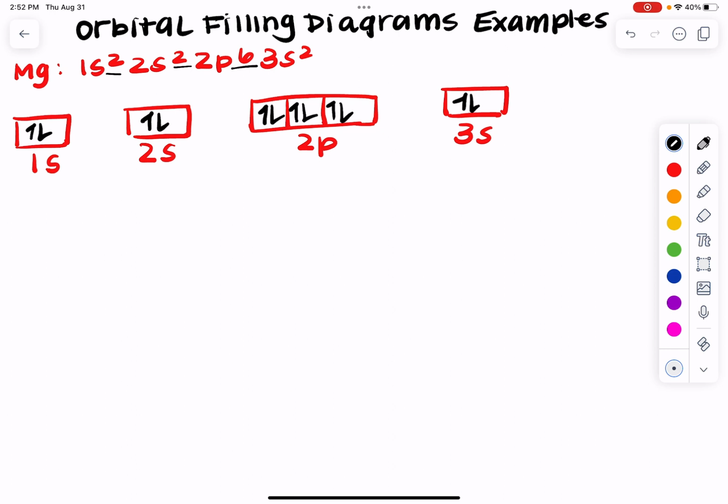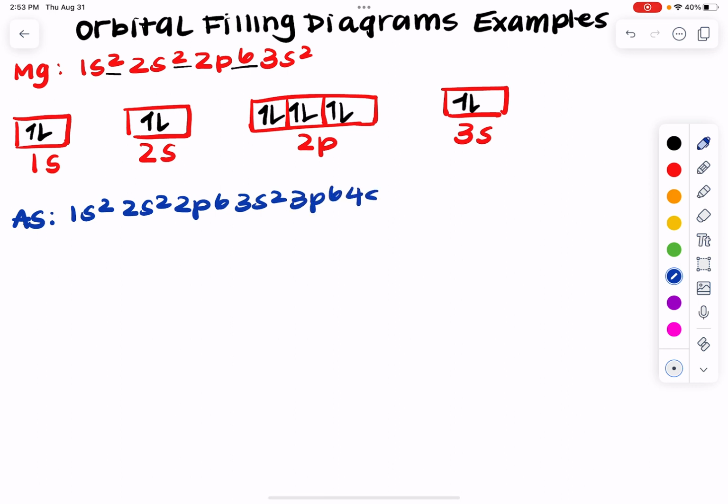The next example I'm going to do is arsenic, or As. And that has an electron configuration of 1s2, 2s2, 2p6, 3s2, 3p6, 4s2, 3d10, 4p3.